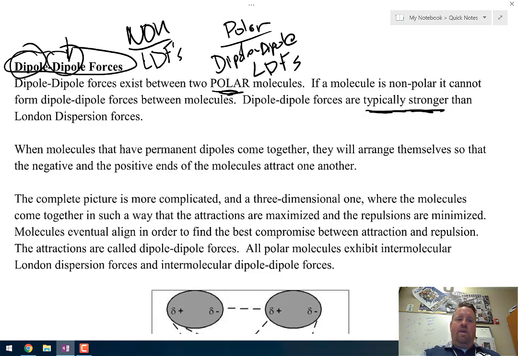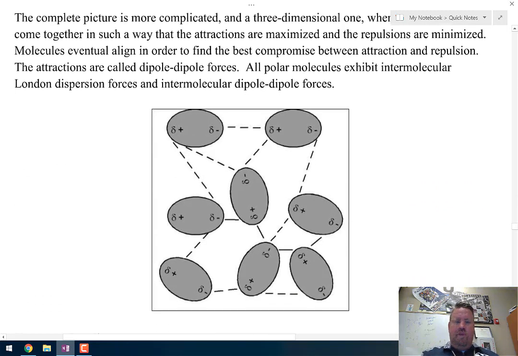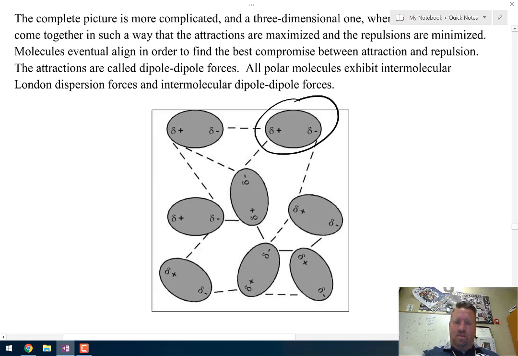Okay, when molecules have permanent dipoles, meaning a polar molecule, and they come close to each other, they're going to arrange themselves so that the negative end and the positive ends of the molecules attract each other. The complete picture is a little more complicated, 3-dimensional, but we can see that if this is a polar molecule here, the negative end is going to be attracted to the positive end of other polar molecules, and the positive end is going to be attracted to the negative ends of other polar molecules.